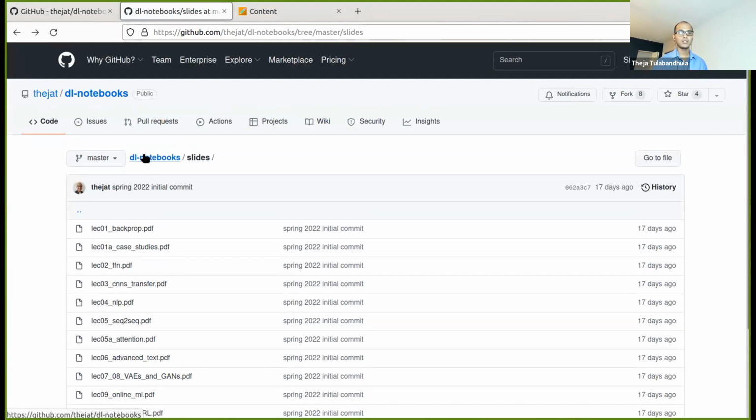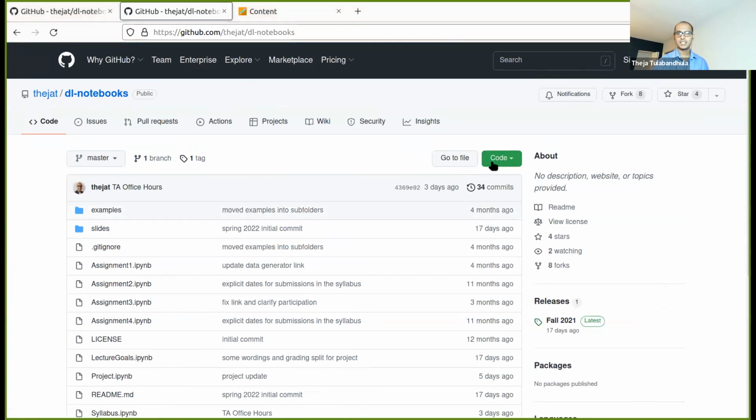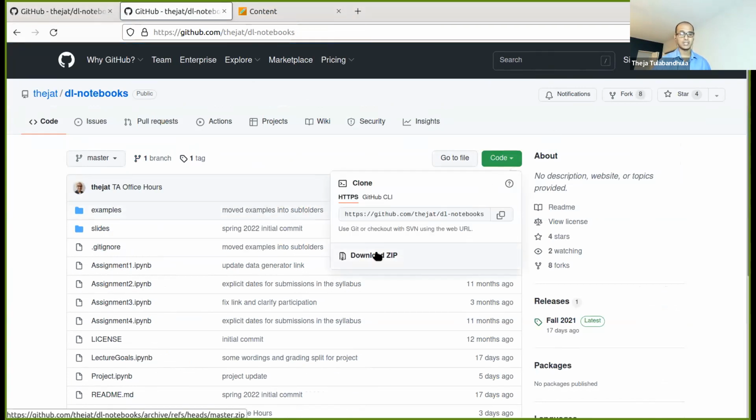You can download the whole repository. If you just want a snapshot without version control, you can just do download zip. Or if you want to clone it, because there are also examples and maybe they'll get updated, you can also git pull the repository. If you don't know what git pull means, don't worry. For now, you can just download and work with that.